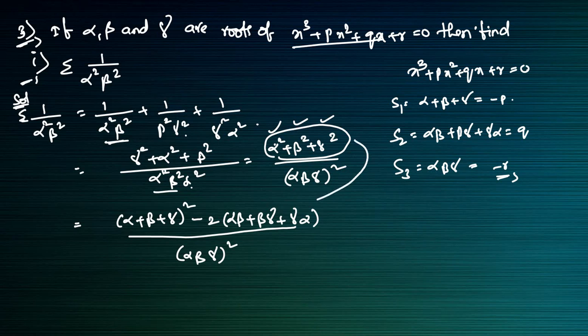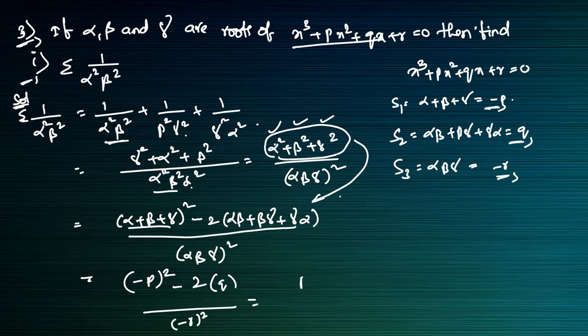This one is equal to this total. Now here alpha plus beta plus gamma is equal to how much? Minus p. So minus p whole square minus 2 into alpha beta plus beta gamma plus gamma alpha is equal to q only here, and divided by alpha beta gamma is equal to minus r whole square. It will become p square minus 2q divided by r square. So here this is the answer.